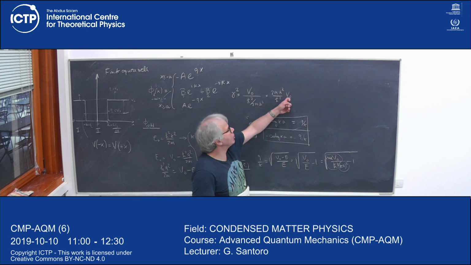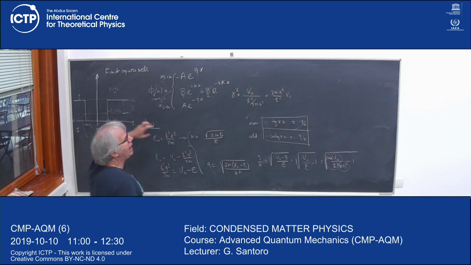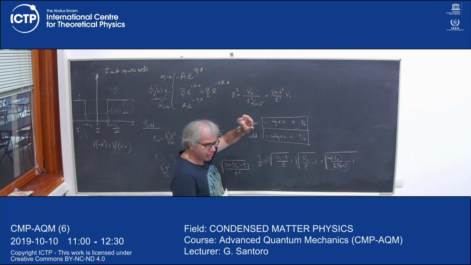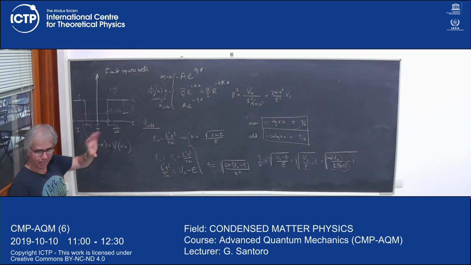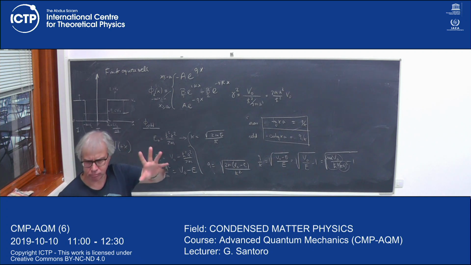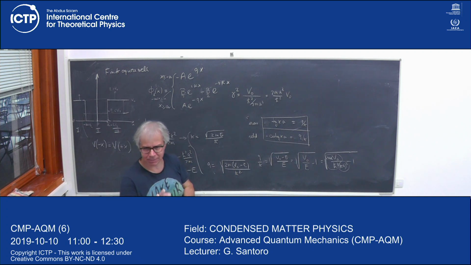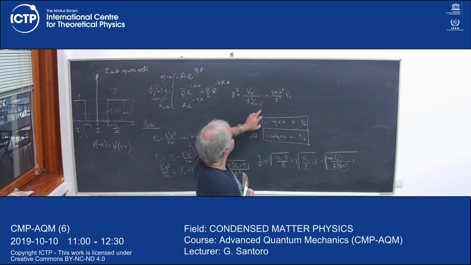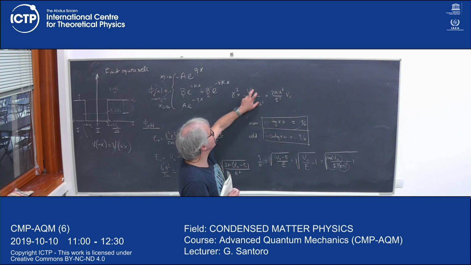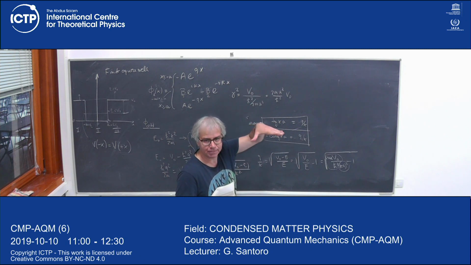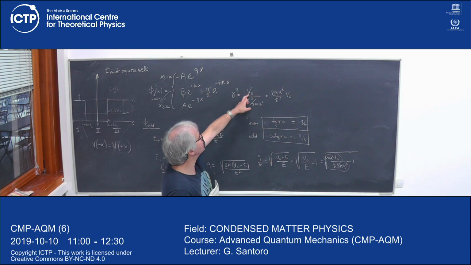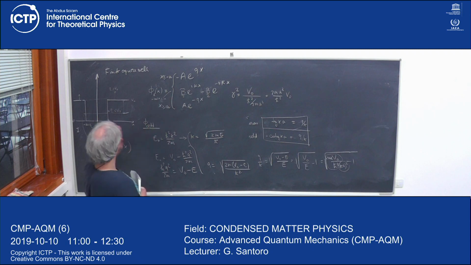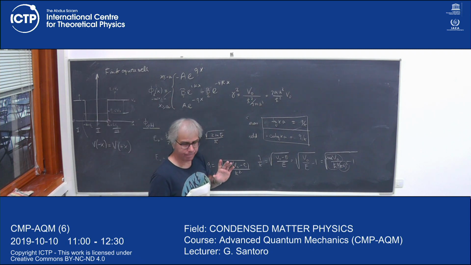It is the ratio between the confinement energy and the kinetic energy, h bar square over 2ma square, the kinetic energy for the particle inside. Order of magnitude, obviously. I don't pretend that this is the exact kinetic energy, but this is the order of magnitude of the kinetic energy confinement, and this is the order of magnitude of the potential energy. So this is a ratio without dimension, which is larger the bigger V0 is. A is fixed. Clear?